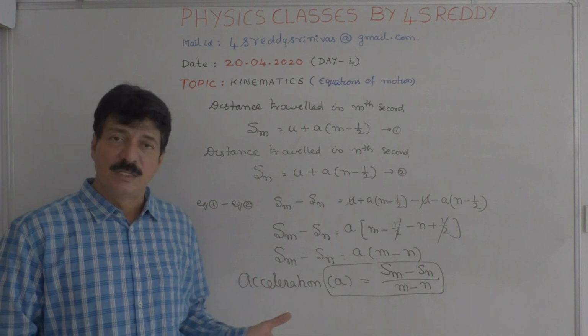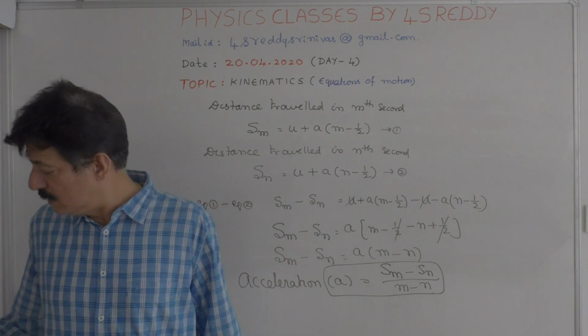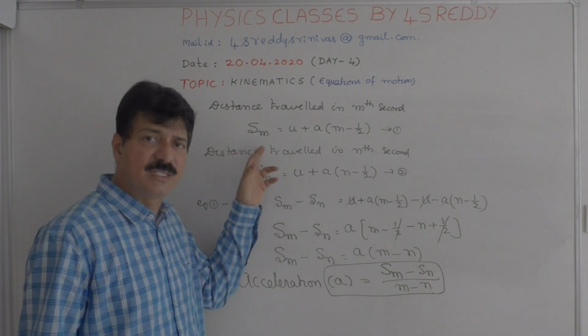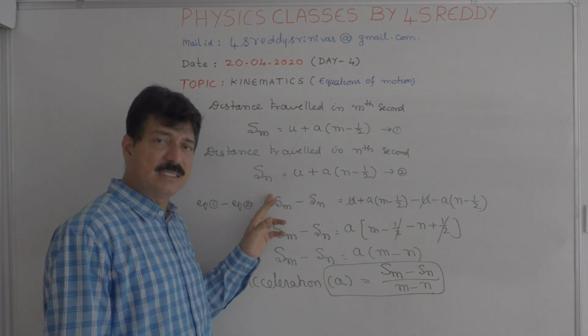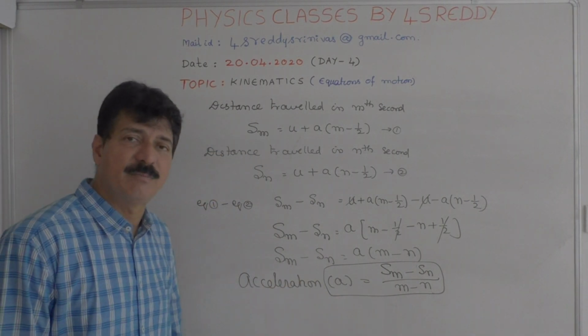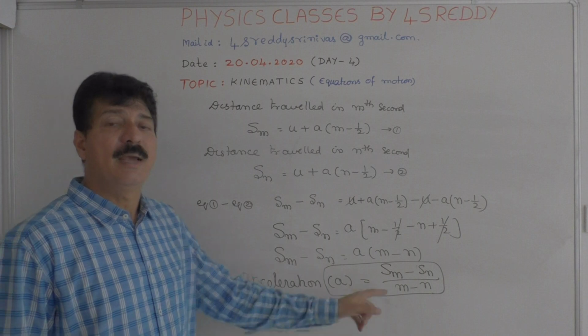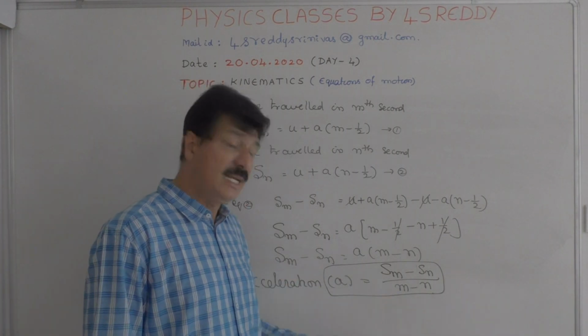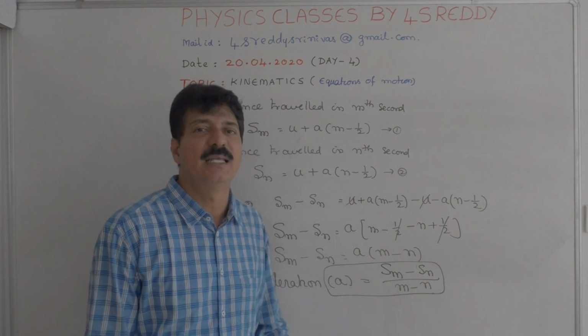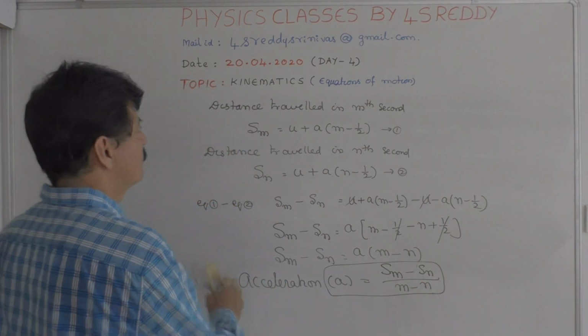How simple. This is the problem related to this. So once you know the distance traveled in the mth second and the distance traveled in the nth second, subtracting these two, you are going to get a equals Sm minus Sn by m minus n when m is greater than n. For example, if n is greater than m, Sn minus Sm by n minus m. Like that we can take.